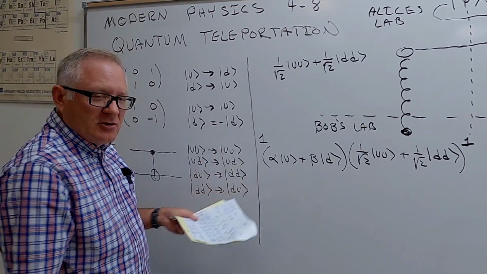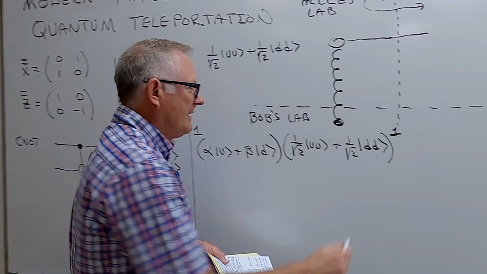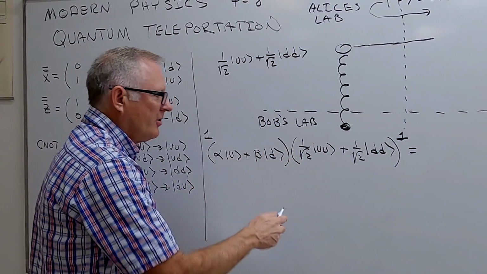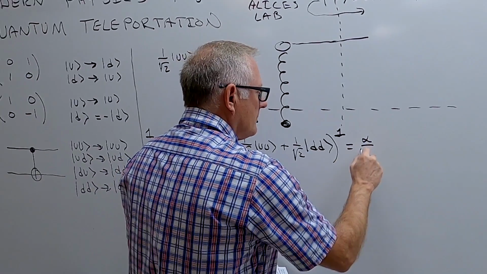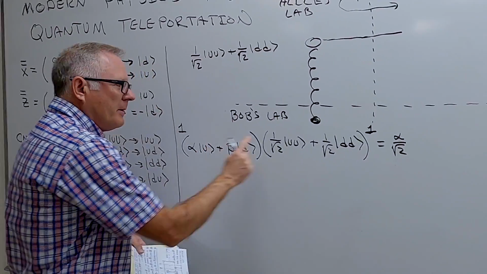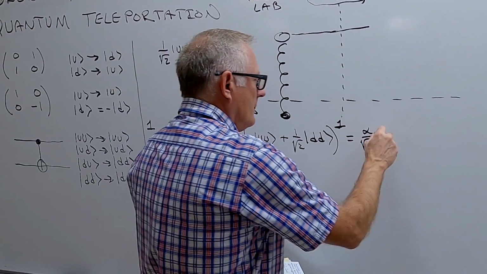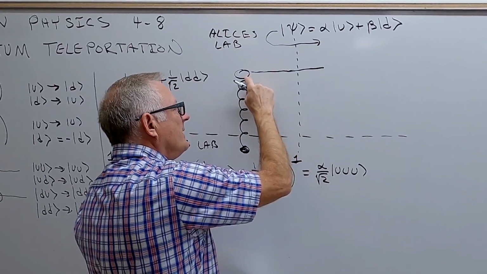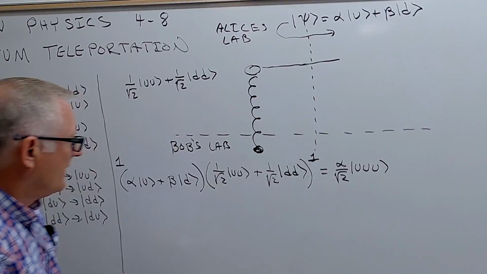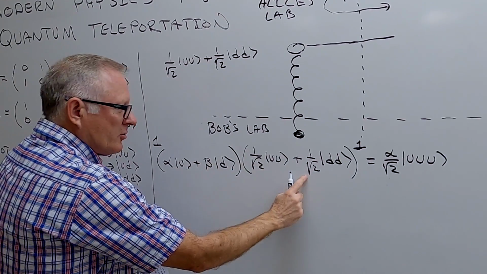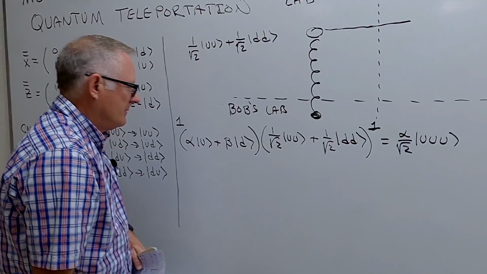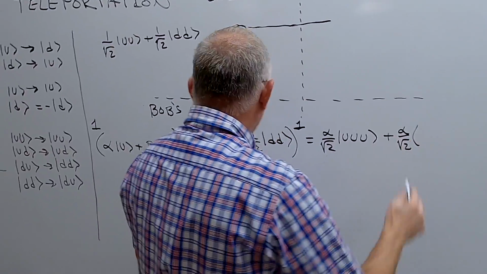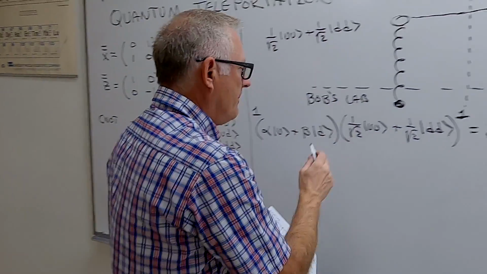And I could tensor multiply those together. Might as well tensor multiply those. What does that give me? That gives me alpha over the square root of 2 up, up, up. Remember, the first one is this one, the second one corresponds to that one, and the third one corresponds to this one. Plus alpha over the square root of 2 up, down, down.